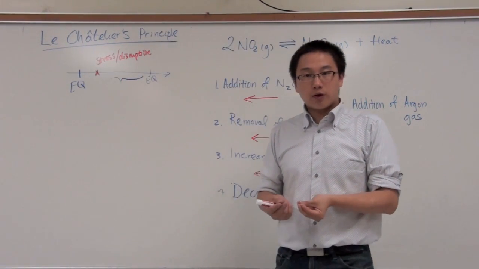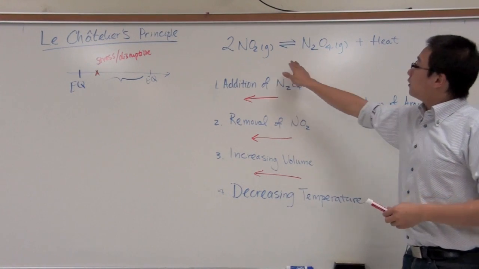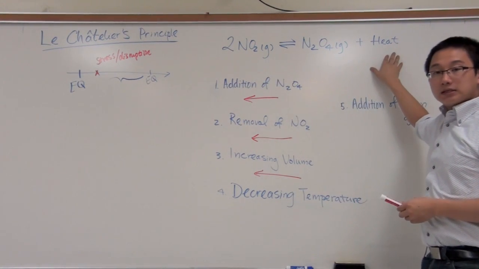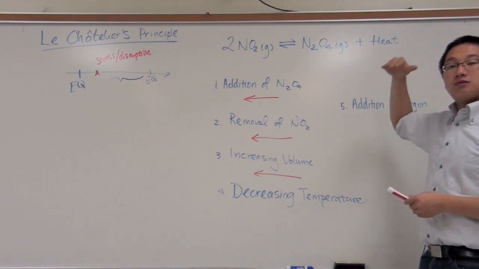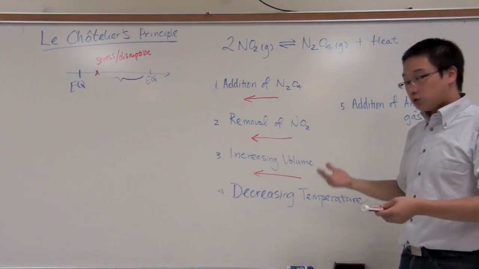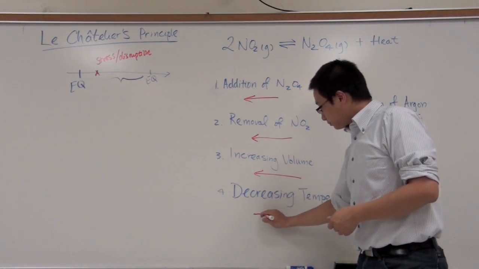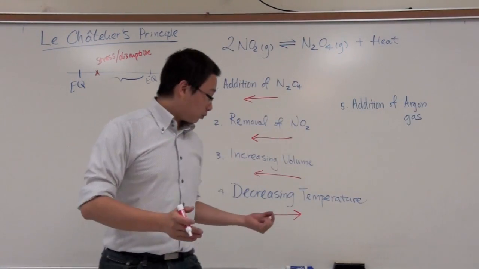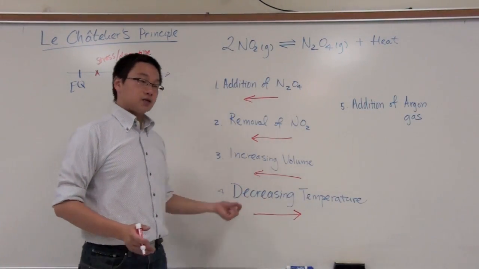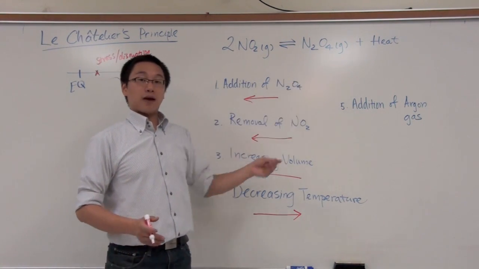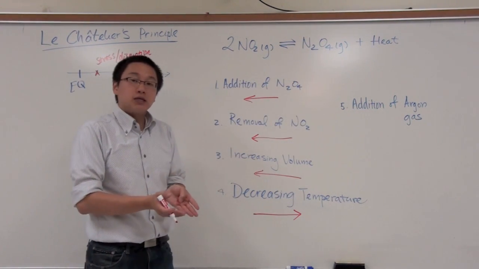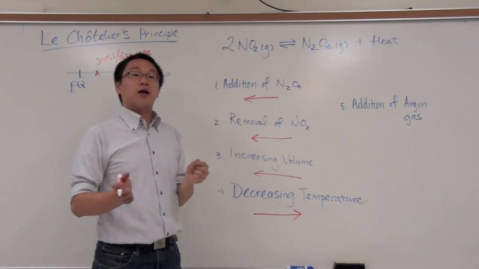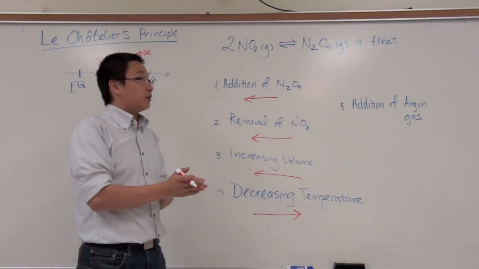So there will be more reactions shifting this way to make more heat, so that it can get back to equilibrium as soon as possible. And this is the reason why we put the arrow going to the right, because it's going to shift right to produce more heat, and have the equilibrium reaction go back to equilibrium.